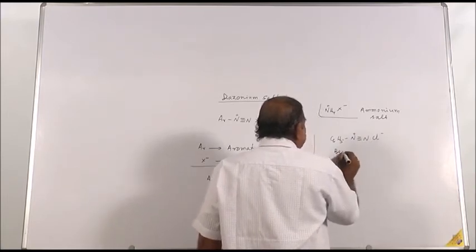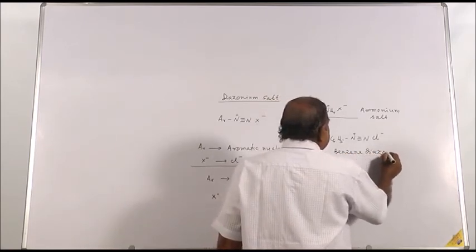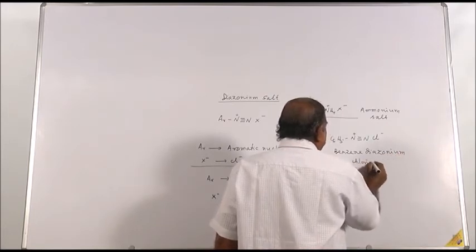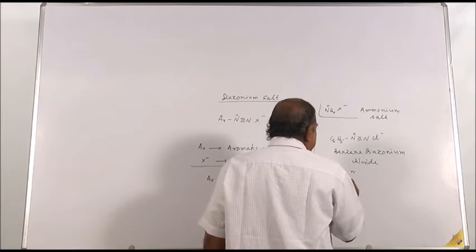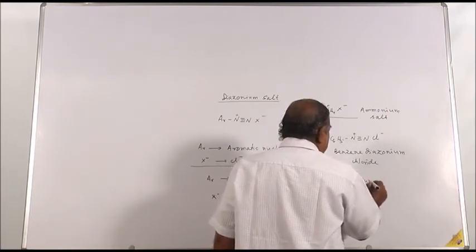This is called benzene diazonium chloride, or simply diazonium chloride.